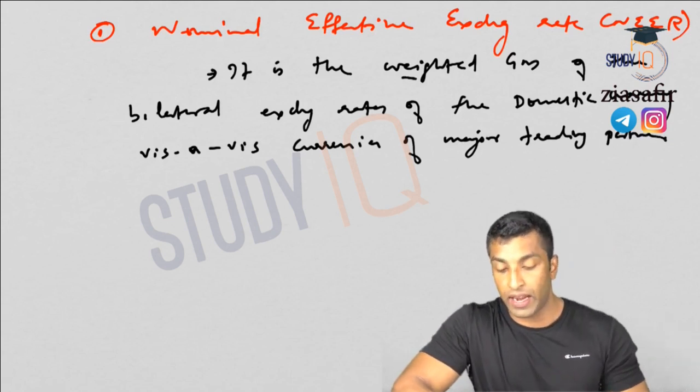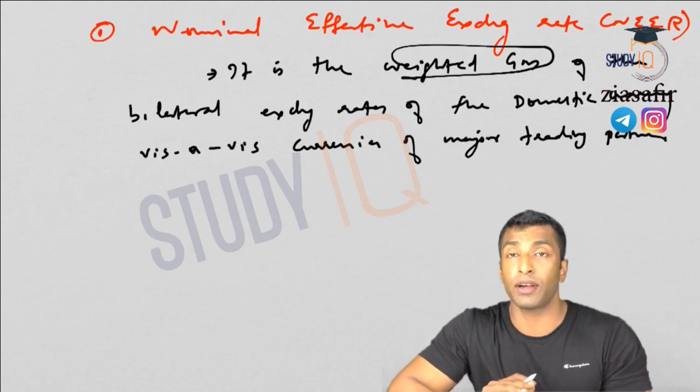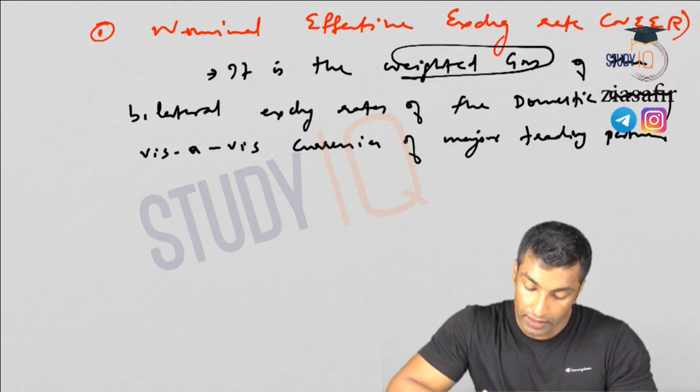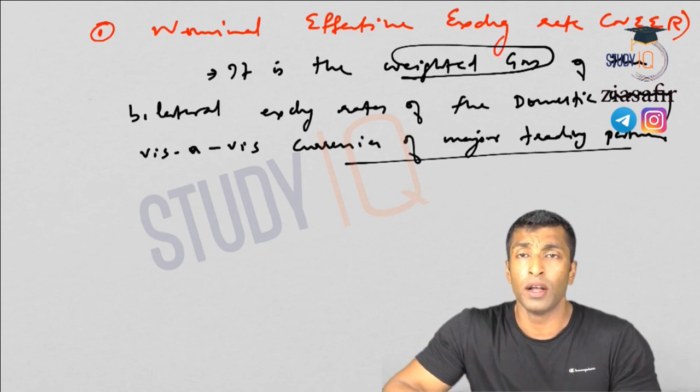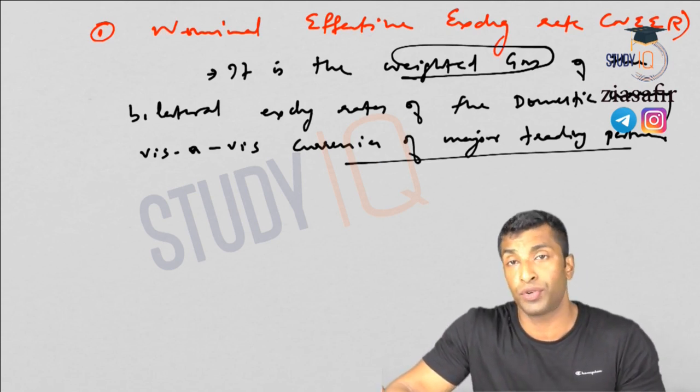So you can see here it is a weighted geometric mean of the bilateral exchange rates of the domestic currency vis-a-vis currencies of major trading partners. We are not concerned about the countries with which we don't have trade volume.